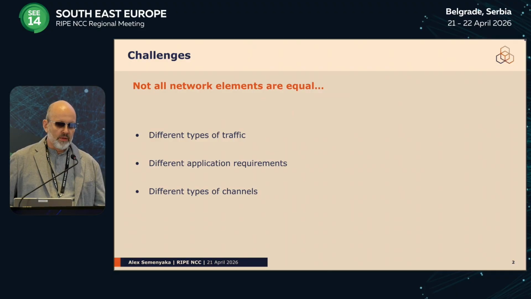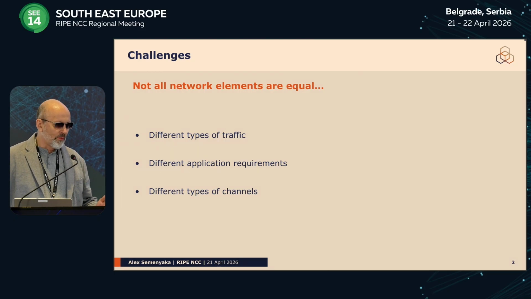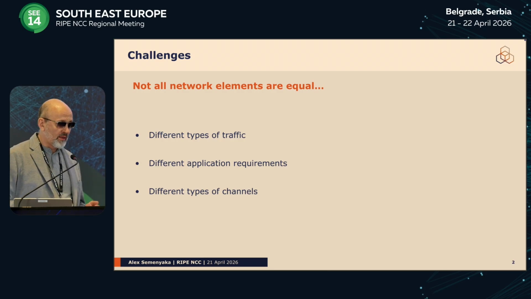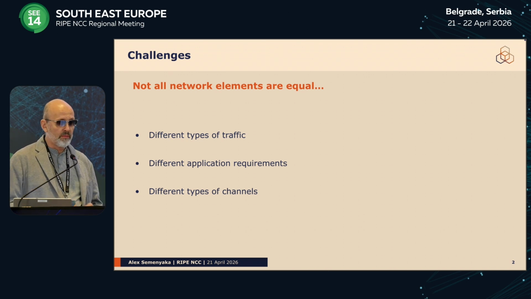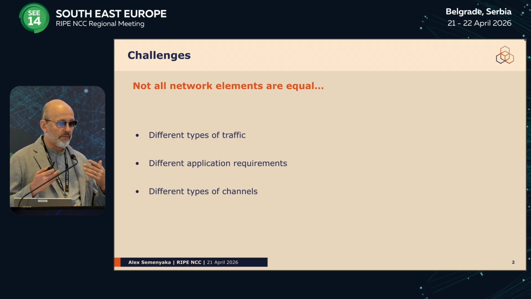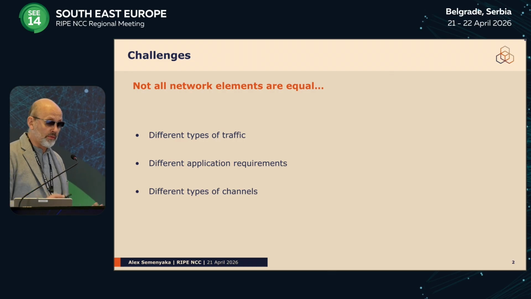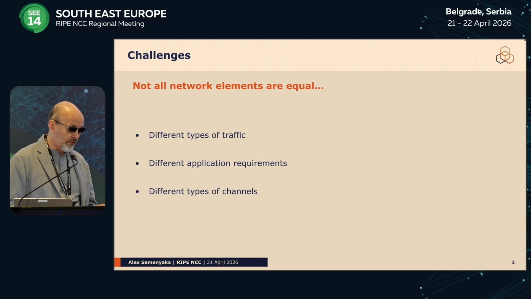And we will start from the general overview. Why do we need something like this anyway? Actually, it was clear from the very beginning that in our networks we have different objects, different applications with different requirements, which produce different types of traffic.